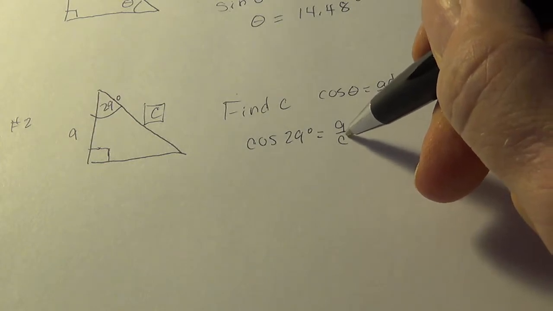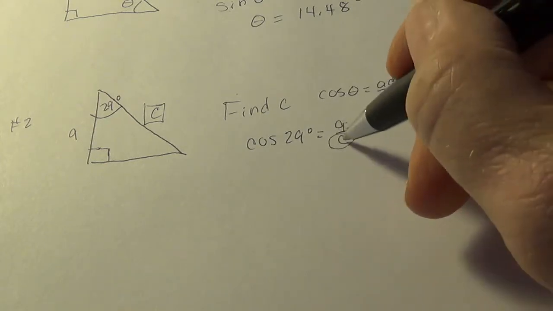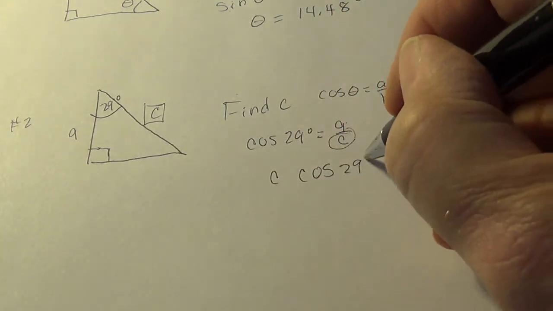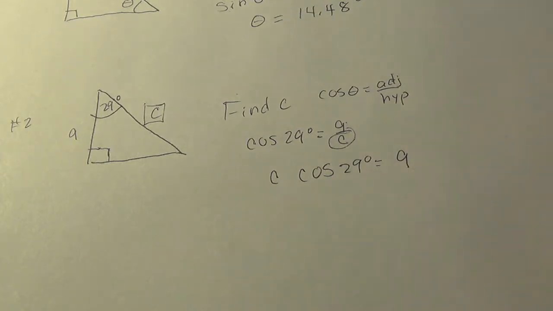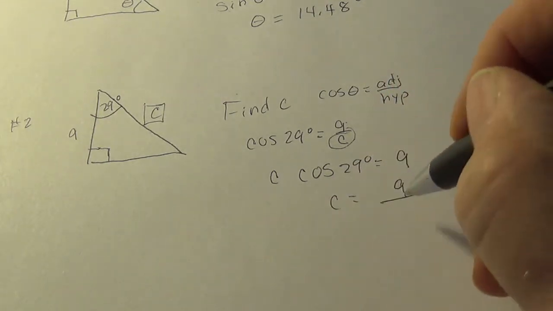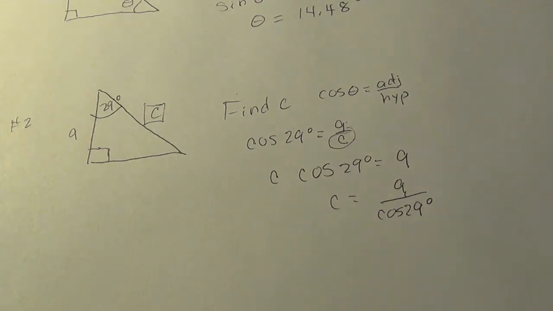That's 9 divided by C. I want C by itself. Multiply both sides by C and divide by cosine of 29. If you've already changed cosine of 29 to a decimal, you'll be dividing by that.